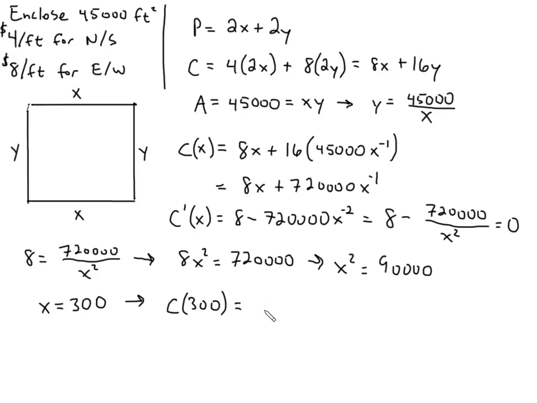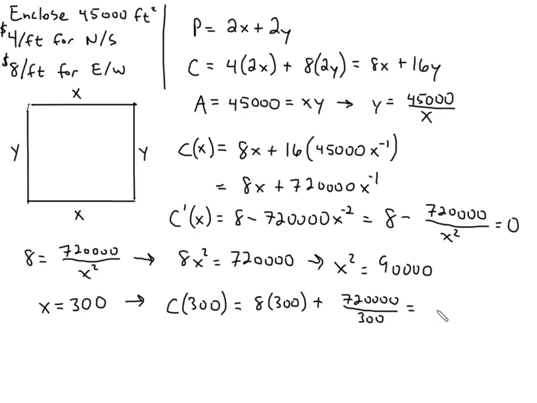Okay, so if we plug that into the cost function, we'll get 8 times 300 plus 720,000 over 300. Remember that the cost function was this one here, but the x to the minus 1 is just the same as having the x in the denominator.